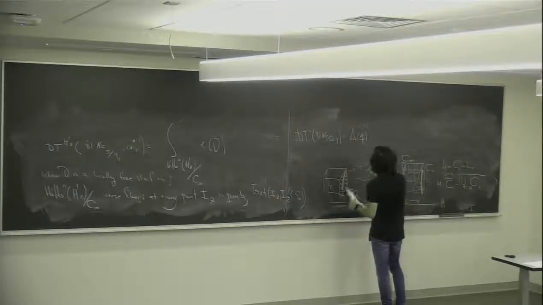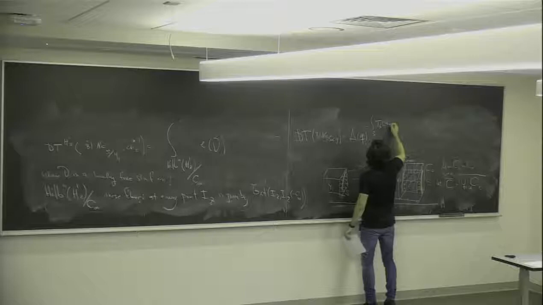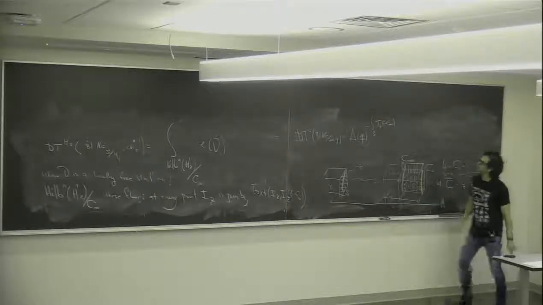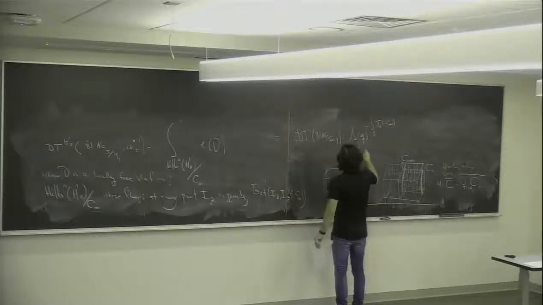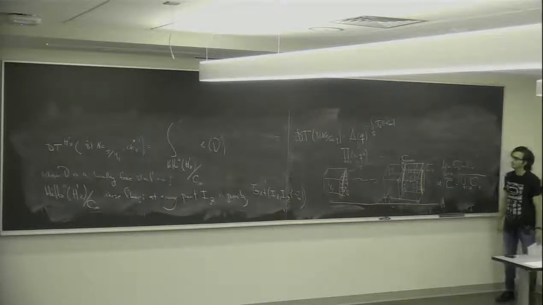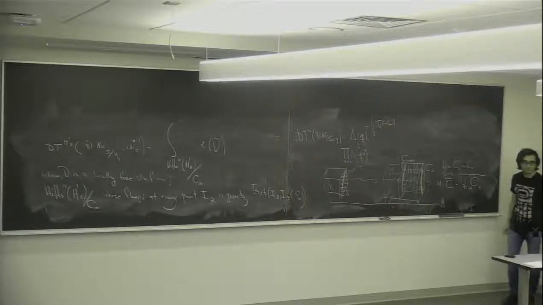Basically it was to the minus integral over S of the tangent bundle of S twisted by minus C, something like that. And this is the product of 1 minus Q to the n. Okay, so it becomes a modular form.